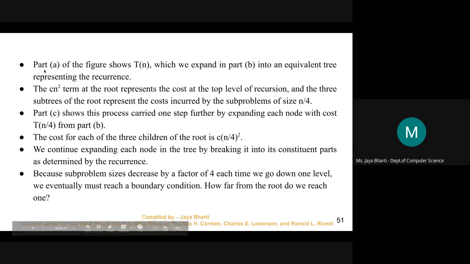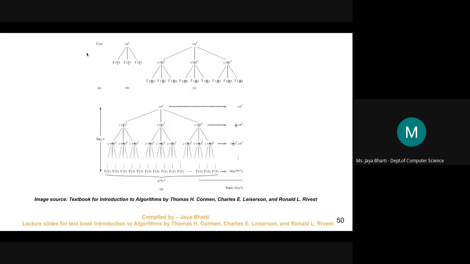So the part A of the figure shows that T of n, which we expand in part B into an equivalent tree representing the recurrence. This is the A part, this is the B part.